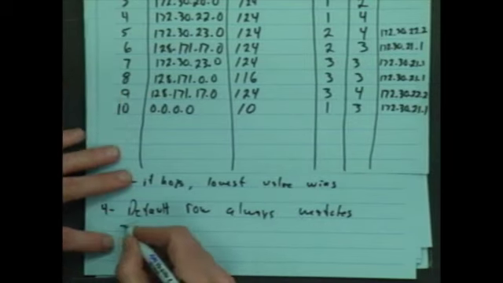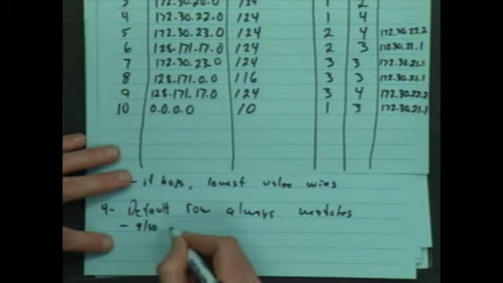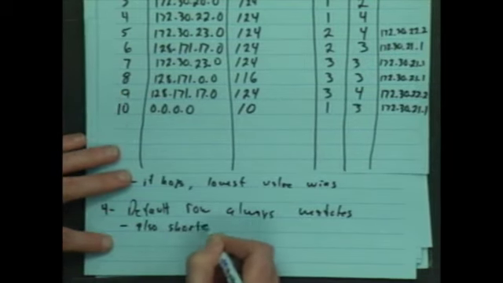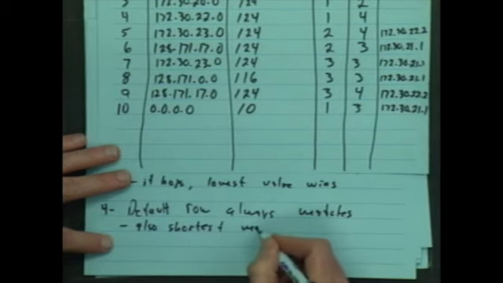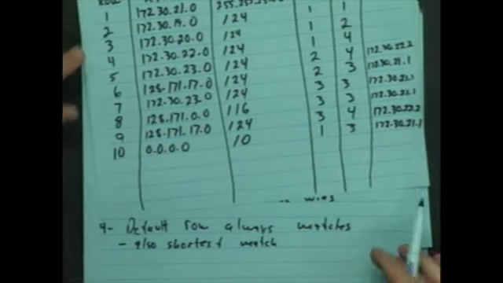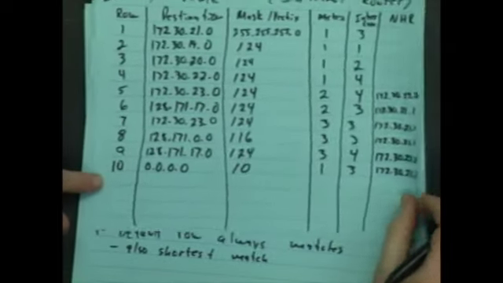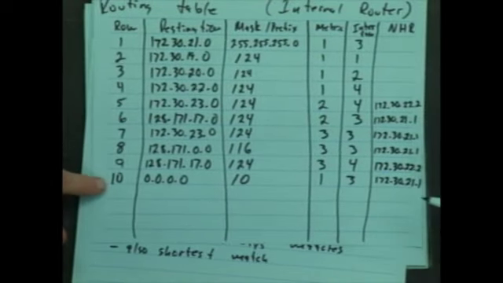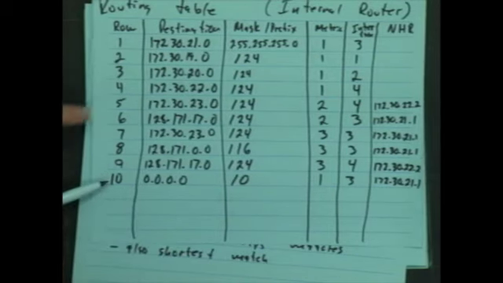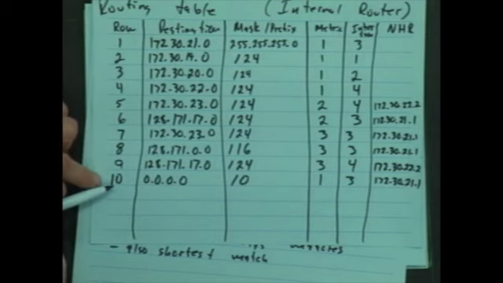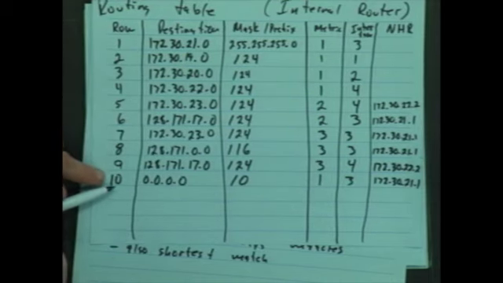If anything else matches at all, the default row is going to lose. So the default row is like the I don't know where this packet goes. Y'all following me here? So the router goes through its whole routing table and it gets to the bottom row, and it uses the bottom row, this default row, when it doesn't know what to do with the packet.